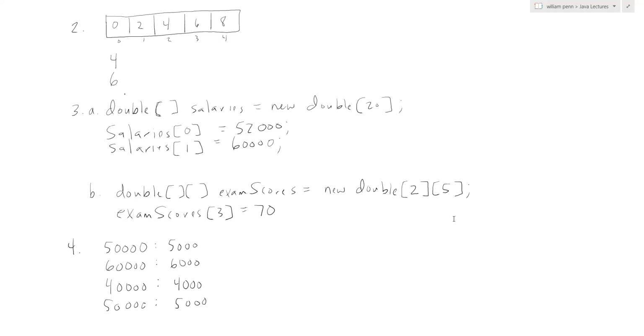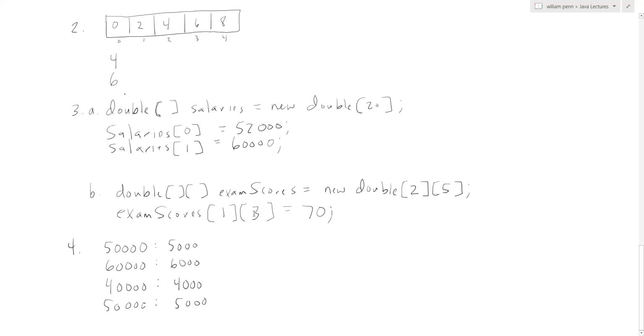Okay, and so then in order to put the value 70 into the second row and fourth column, I have a mistake here. That should say 1 and 3 equals 70. Okay, so this is the second row because it starts counting at 0, 0, 1.